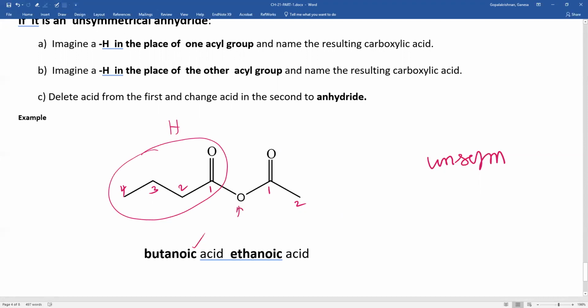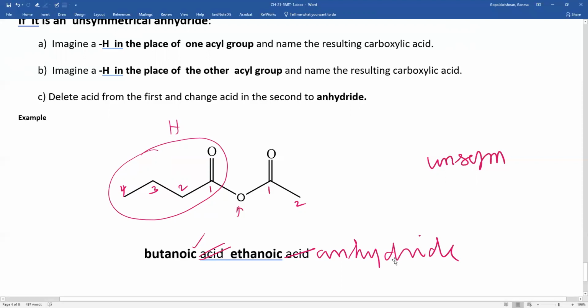And put them in alphabetical order. In this case, fortunately, the left one is butanoic, the right one is ethanoic. So after writing it, strike off the acid in the first one. In the second one, change it into anhydride. So this compound is butanoic ethanoic anhydride.